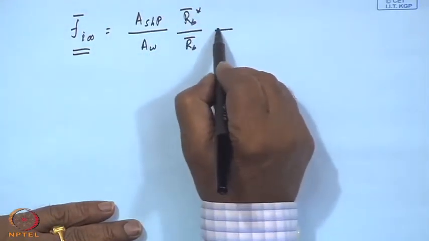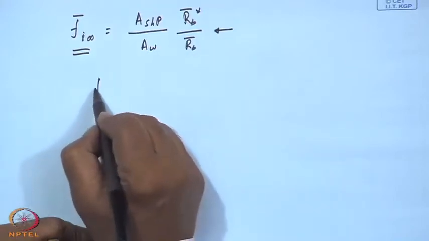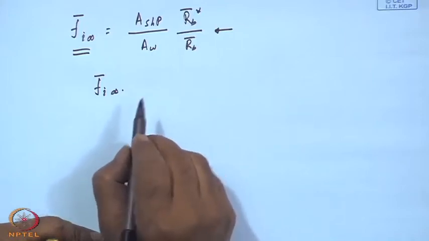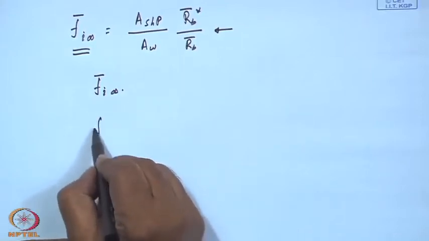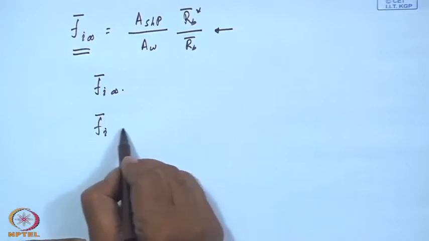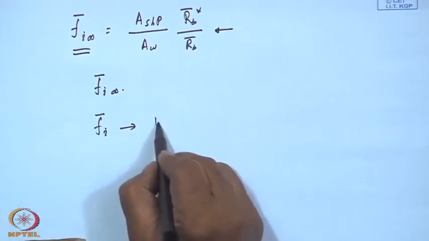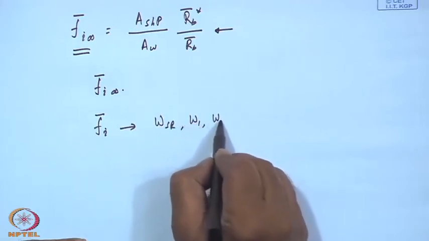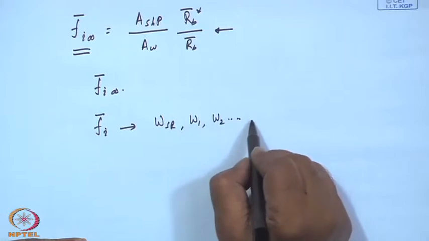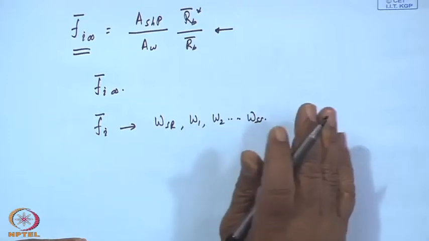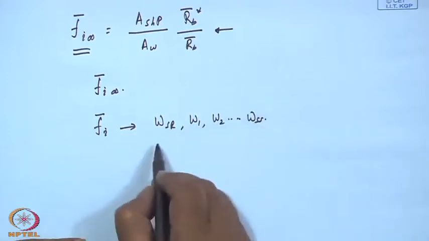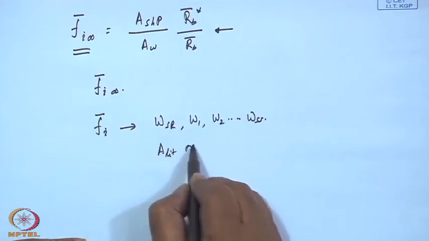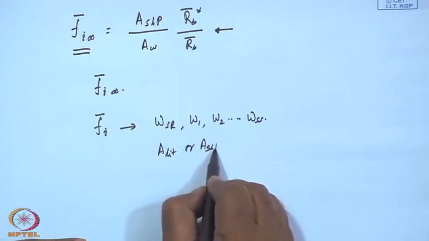So, with this you can calculate your F_i bar infinity, and if you want to calculate F_i bar, I have already mentioned the problem of integrating between omega_SR, omega_1, omega_2, we do not know how many, up to omega_S piecewise, and then the corresponding A_lit or A_SHP.